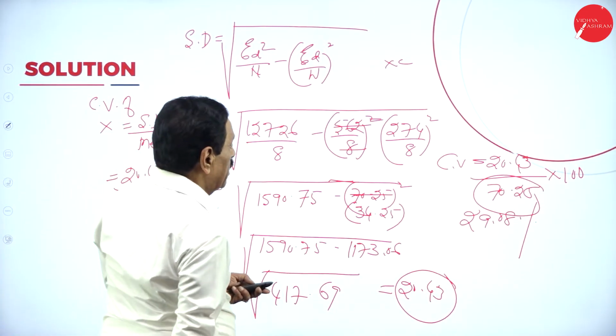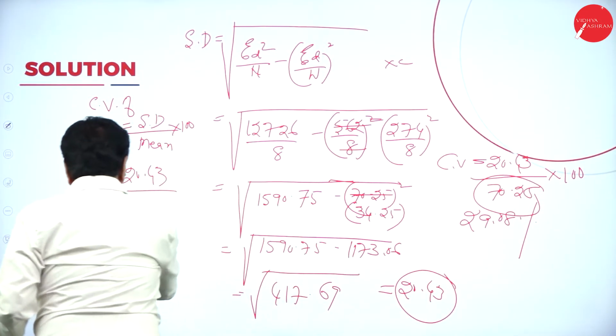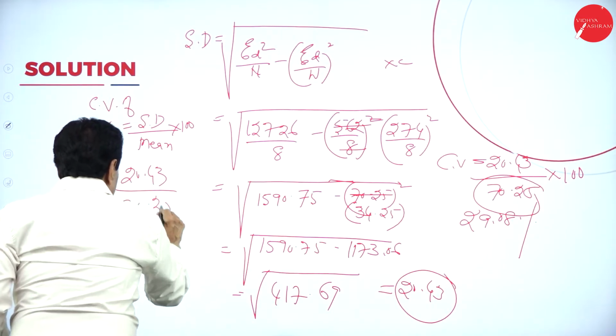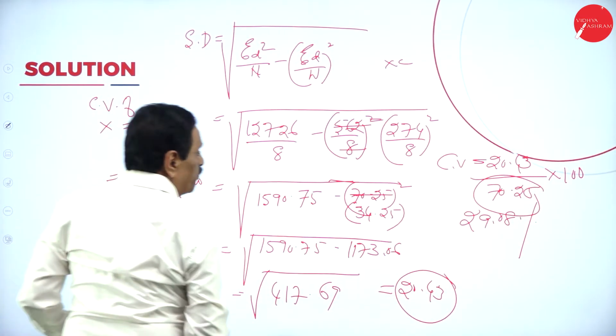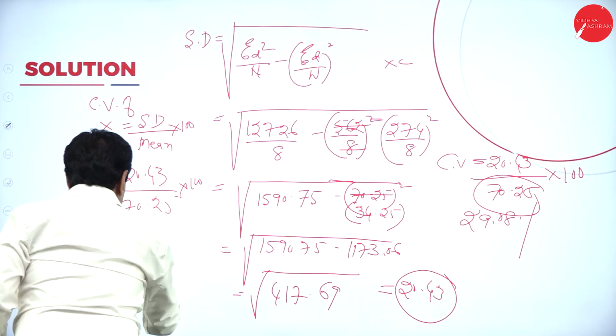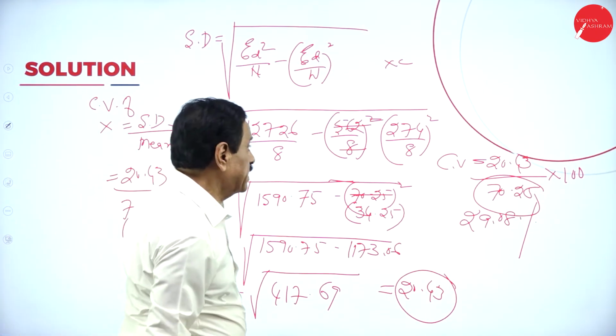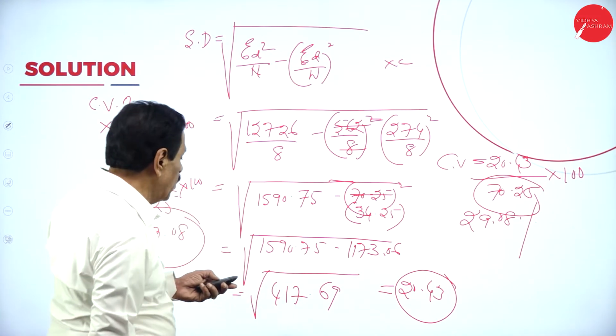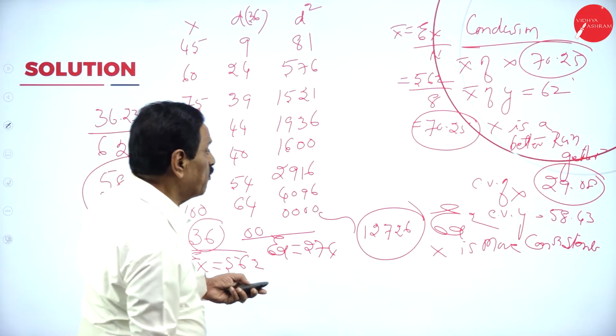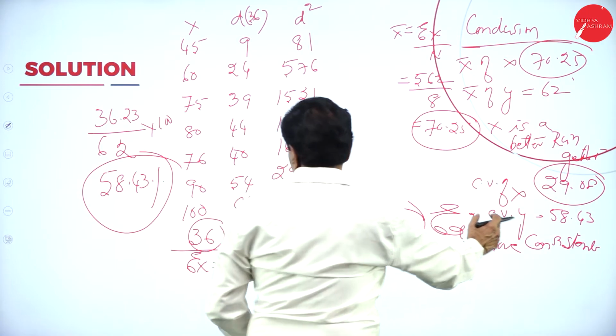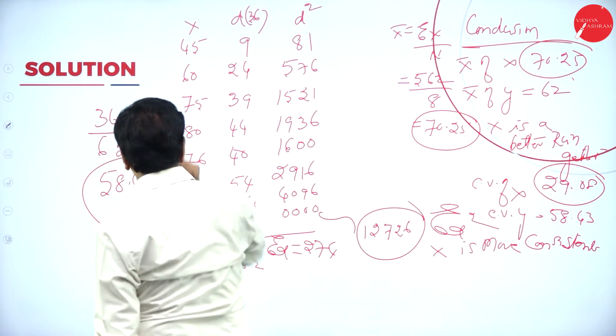Then 20.43 divided by 70.25 into 100 works out to 29.08. This is CV of X. And you also find CV of Y, 58.43.